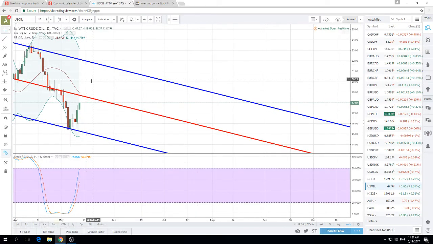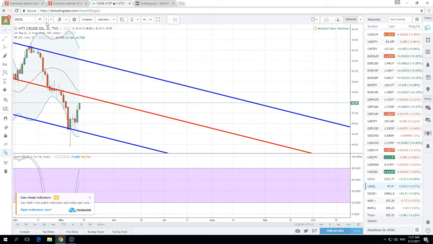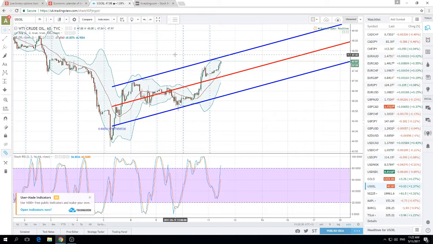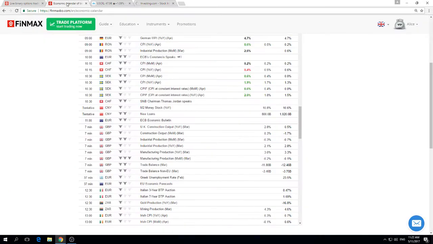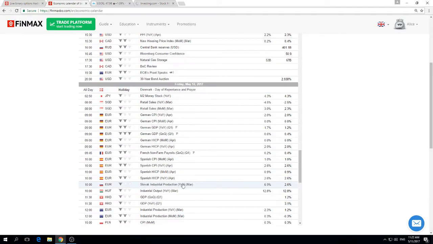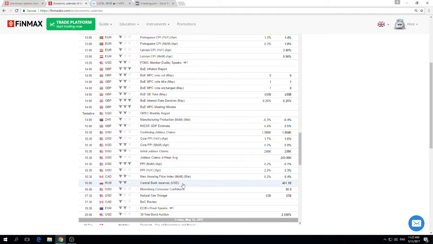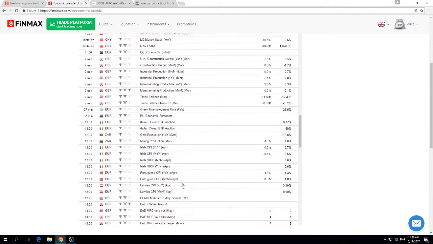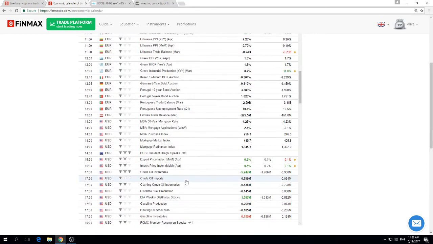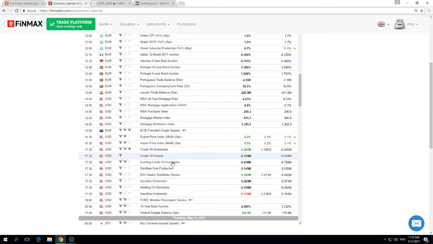About the American WTI oil, let's switch to, so we see that it's pretty high currently, but if you check the economic calendar, yesterday we had information, we had statistics on the crude oil.